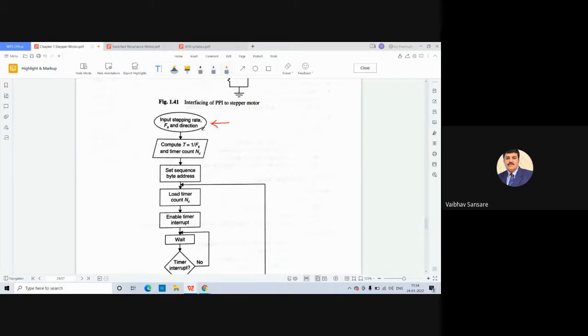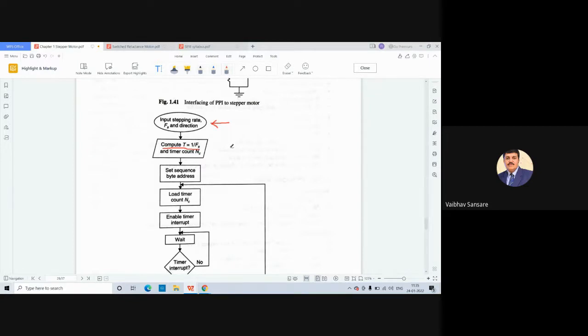According to this desired frequency, initially it will compute the time interval, that is t equals 1 by fs. The time interval is the reciprocal of the frequency, and accordingly the microcontroller timer count nc and the time period t are computed.